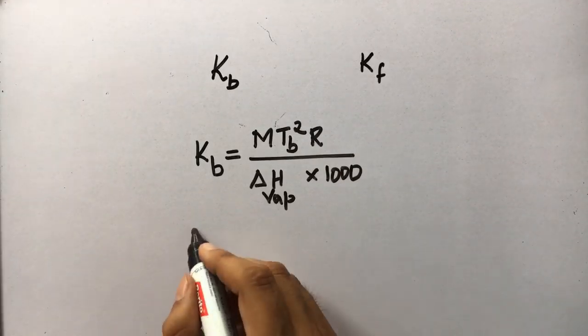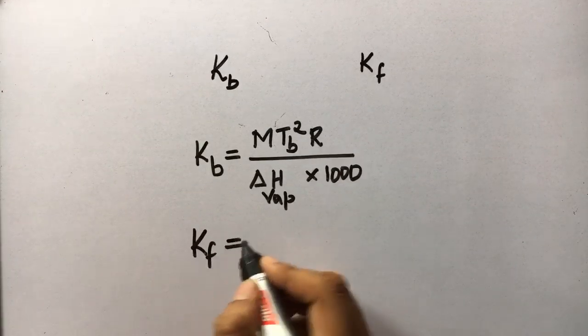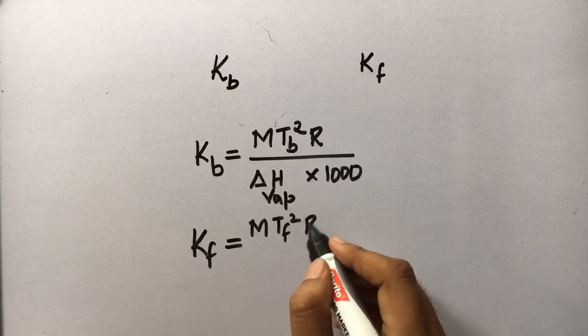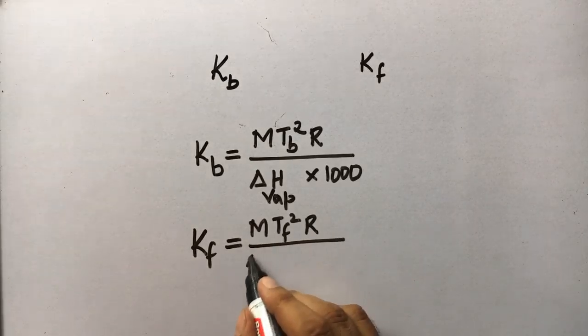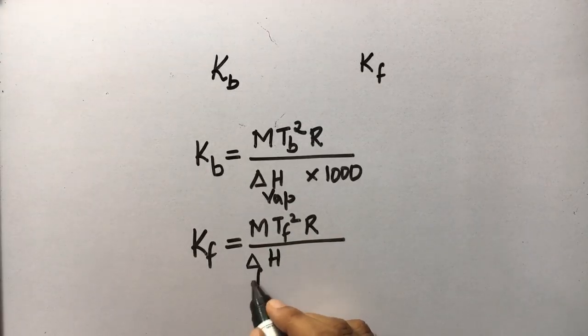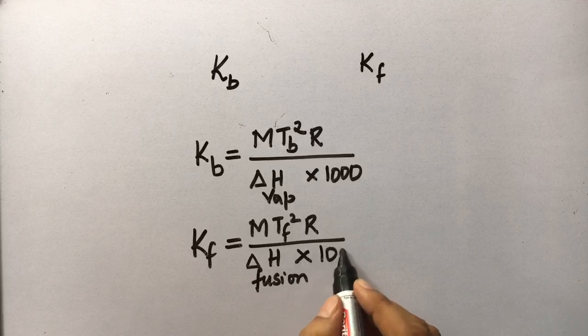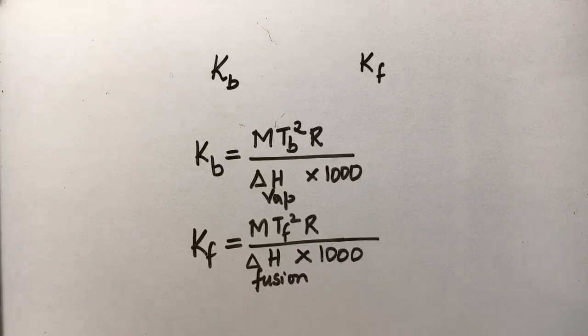Similarly, you need to remember for Kf, this is equal to mTf square R divided by delta H fusion multiplied by 1000. You need to remember the formulas which are given in your NCERT.